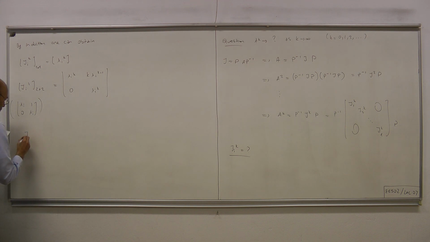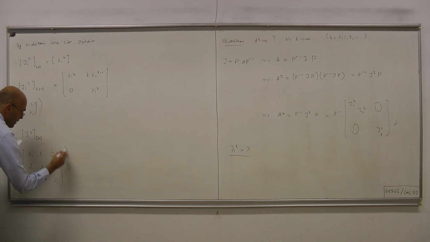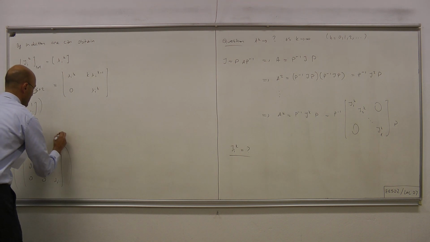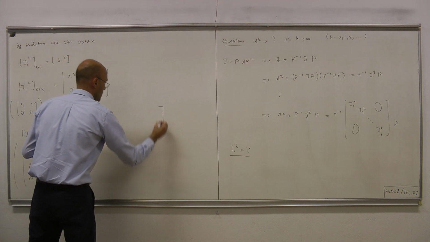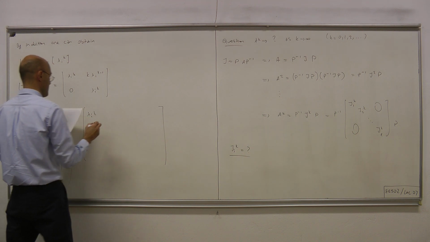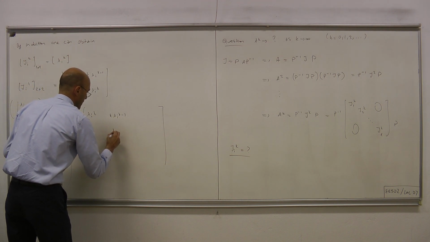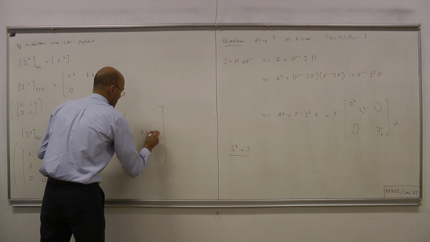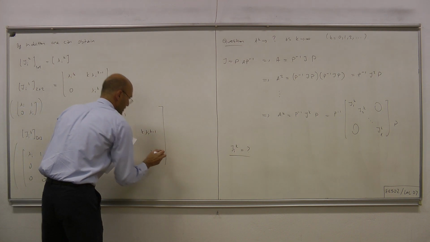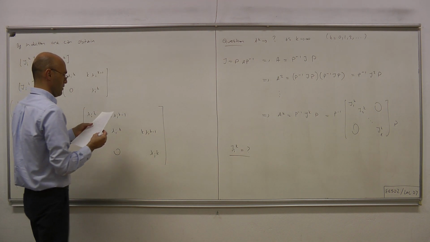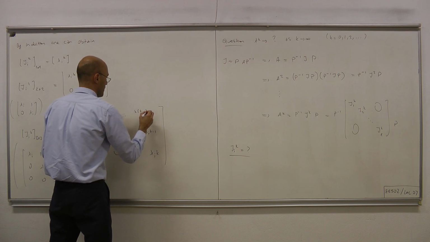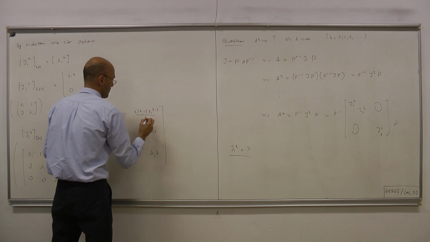As for Ji to the k for the 3 by 3 block, with lambda i, 1, 0, 0, lambda i, 1, 0, 0, lambda i, that equals lambda i to the k, k lambda i to the k minus 1, and so on, and for the corner entry we have, it turns out, k times k minus 1 times lambda i to the k minus 2, divided by 2 factorial.